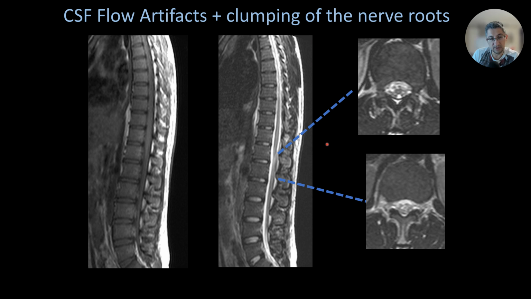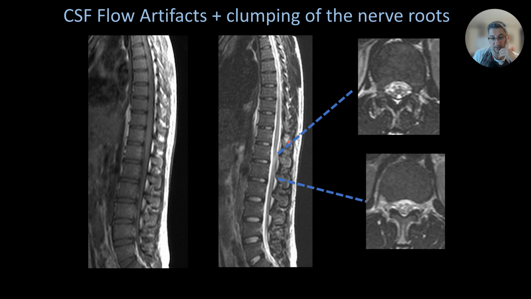Sometimes it may be difficult to assess the level of the conus. As you can see here, there is the spinal cord. The conus terminates somewhere around here. On the T1, you can tell this is at the level of L1 here, but on the T2, it's not very clear. And this is caused by CSF flow artifacts plus clumping of the nerve roots.